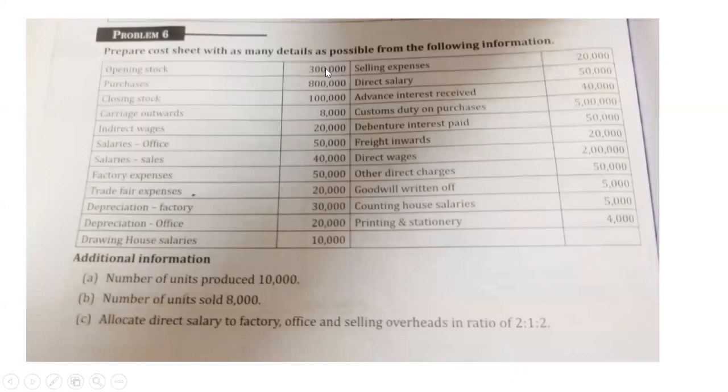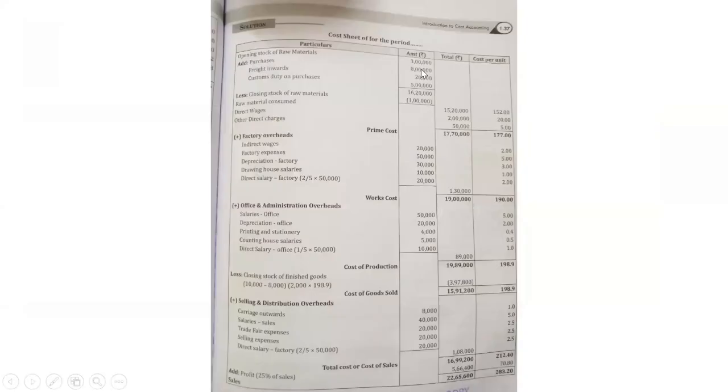How much? 3 lakh, 8 lakh, and carriage inward, anything? Yes, custom duty is 5 lakh and freight inward is 20,000. Yes, we have taken all four.